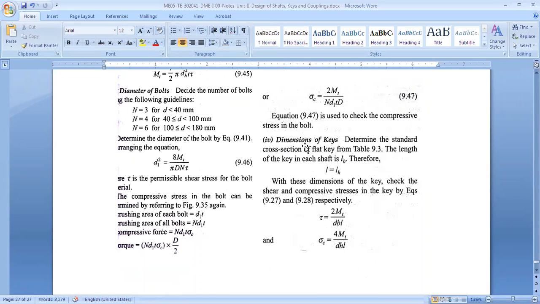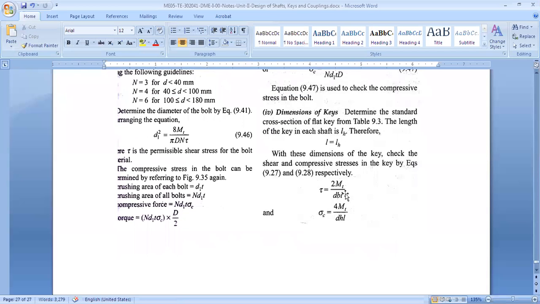And the last part is the keys. We already know the design of keys. We use the two equations, tau is equal to 2mt upon dbl, and sigma c is equal to 4mt upon dhl. If it is a square key, b and h will be the same, and your sigma c will be twice of tau. So this is how we will do the design of a flange coupling.